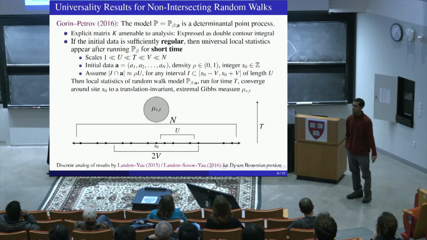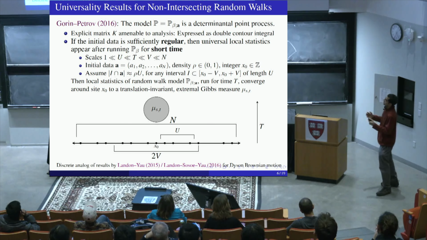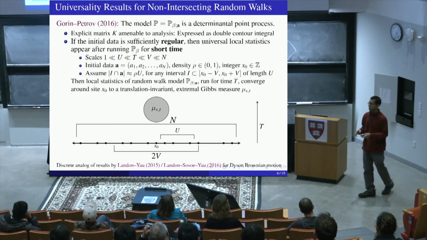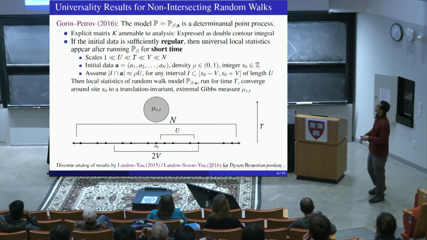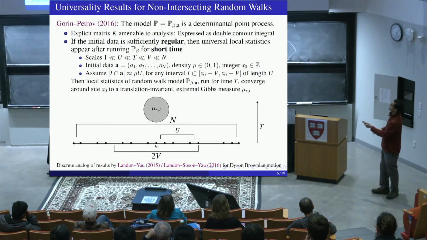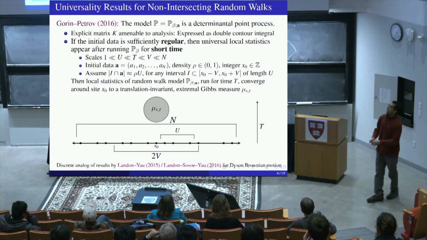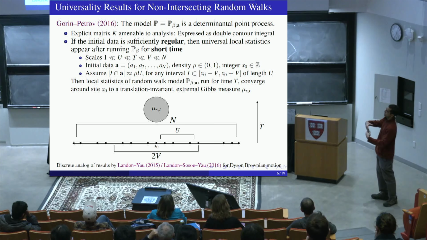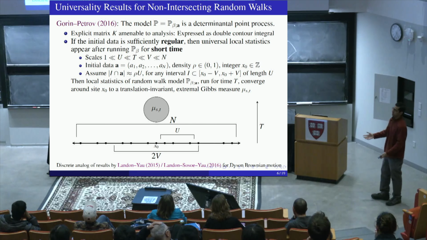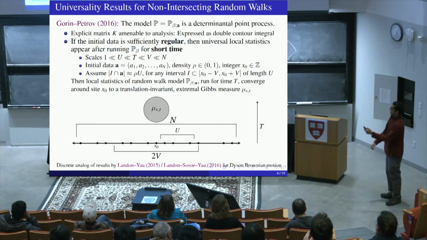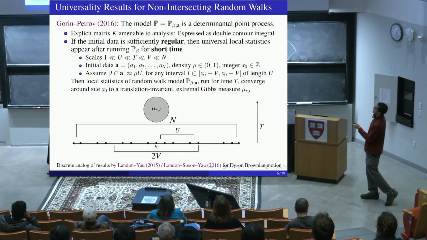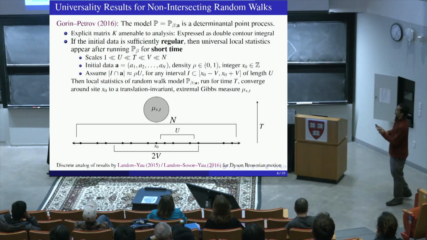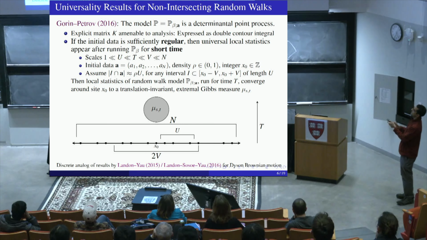In broad terms, if the initial data A is sufficiently regular, then you should expect to see these local statistics appear after running this P beta, these random walks conditioned not to intersect, for a short period of time. Let me try to make that a little more precise. We'll fix some scales, u, t, v, and n, that are increasing. I have some initial data, and n is the number of paths.